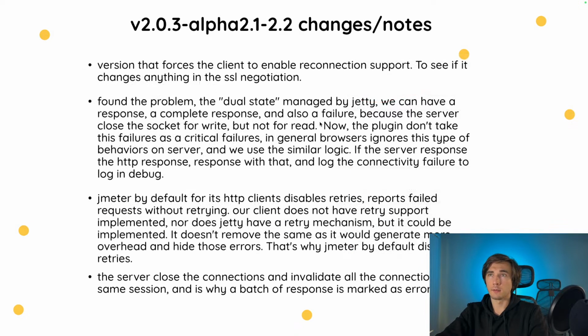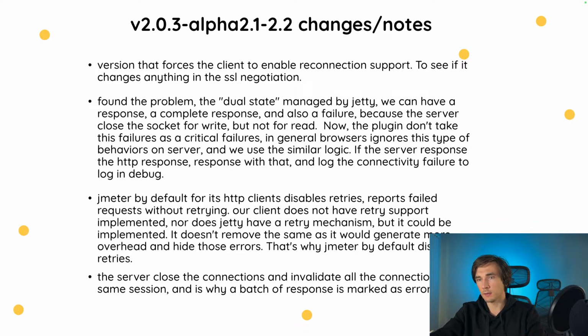And about changes: David tried to make the client use reconnection. So when go away is received, the server tells you to use a new connection, but the client is still not working this way, so it is not reusing them. And as I said, the client does not retry.